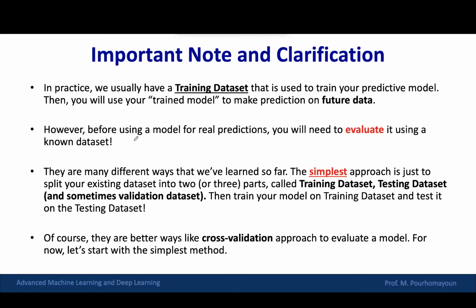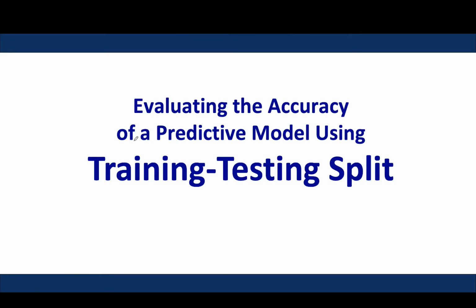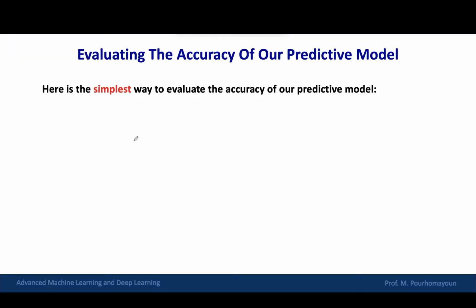So we know the process of training and testing, how to evaluate our machine learning models. I will quickly review that in a few minutes, and I will talk about cross-validation, and then we will go to Python to see some examples.